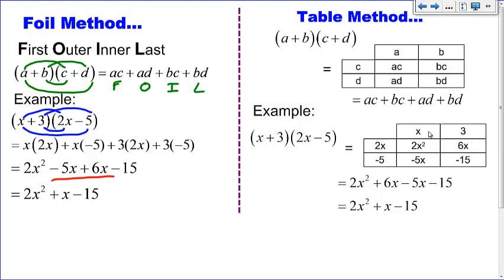Negative 5 times x would be negative 5x. And finally, negative 5 times 3 is negative 15. Put all those terms together down here, and we end up again with the exact same answer. Three methods all end up with the same result.